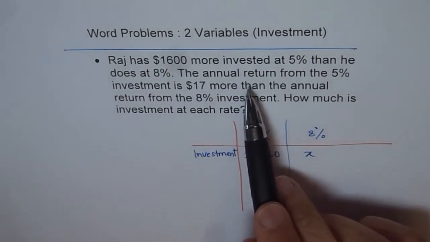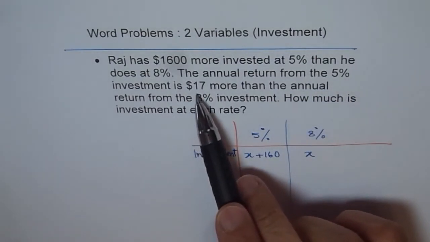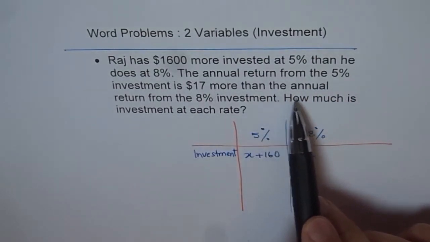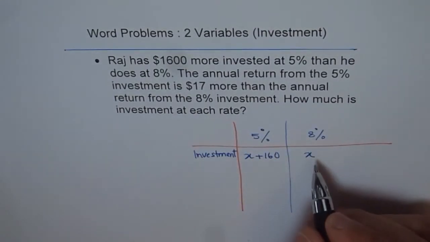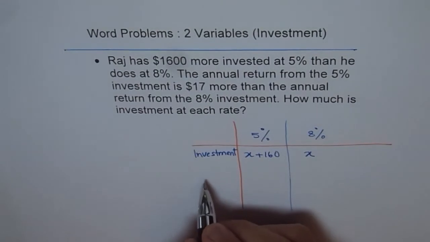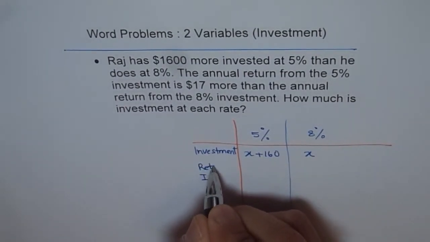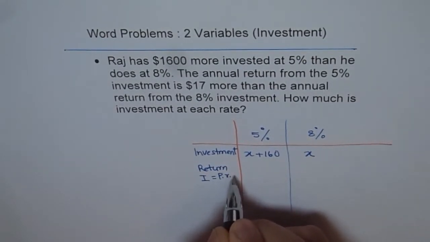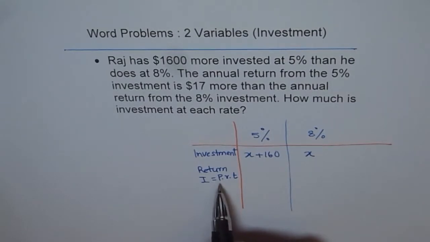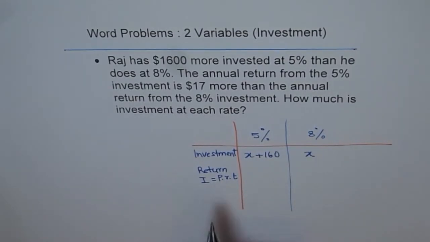The annual return from the 5% investment is $17 more than the annual return from the 8%. Now, return is interest. So interest is the return. Let me explain this part, which is equal to P times R times T, where P is the principal amount invested, which we are calling investment.